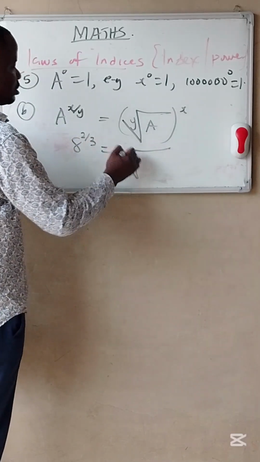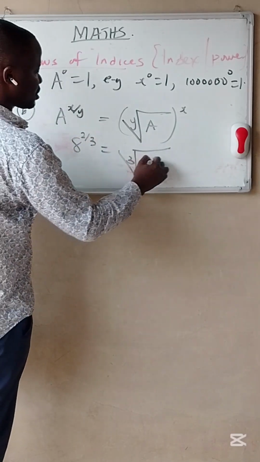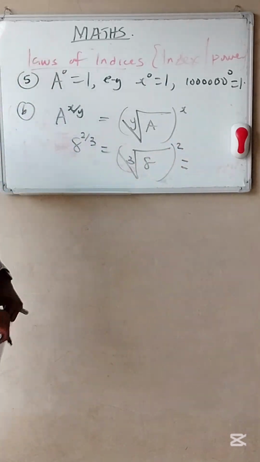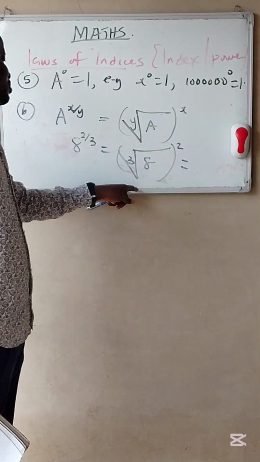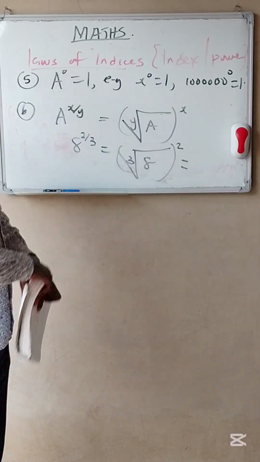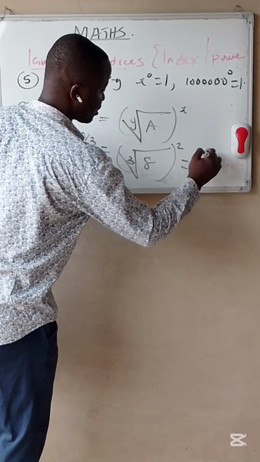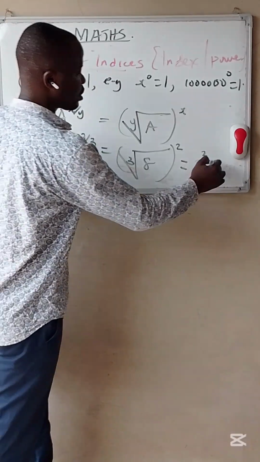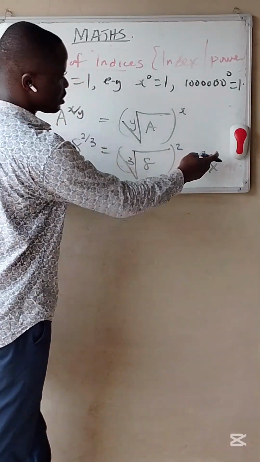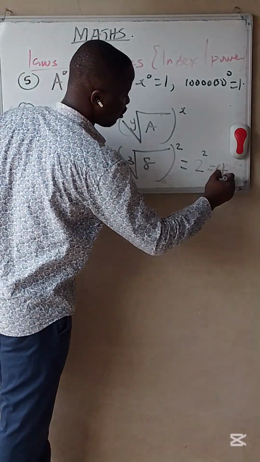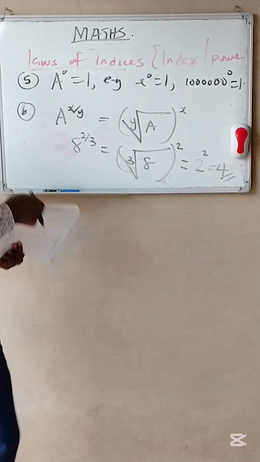The 3 goes into the root place, 8 comes inside, then you have power 2. Which number are we going to multiply in 3 places that will give us 8? Obviously, it is 2. So that is 2 raised to power 2, which is obviously 4.